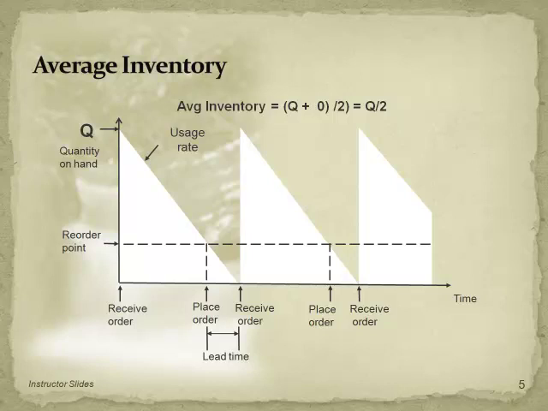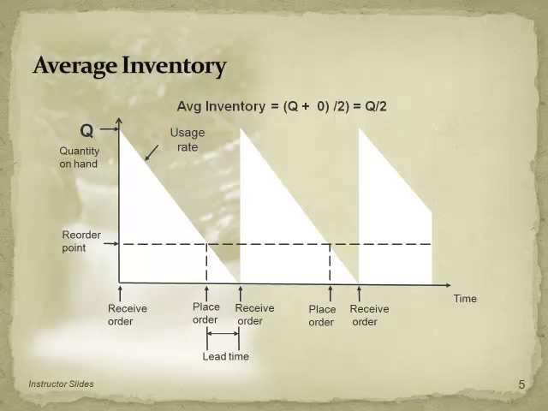Well, at the end of the cycle, we don't have any inventory. So that is zero. And then we're going to average these two numbers together. So Q plus 0 divided by 2 is essentially the order quantity divided by 2. That is the average inventory of a cycle.